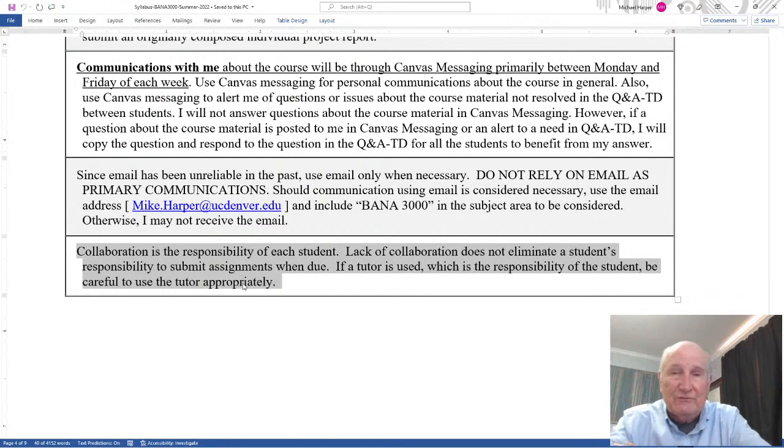Personal tutors or university tutors provided, or even business school tutors, can be very helpful. But they can be very harmful. They can be misused. Use tutors to help you understand the material. Don't use tutors to do the work for you.